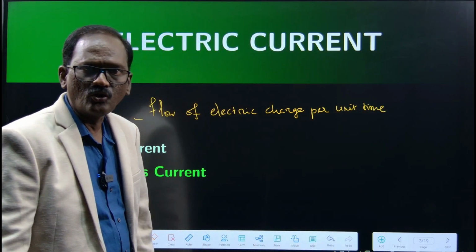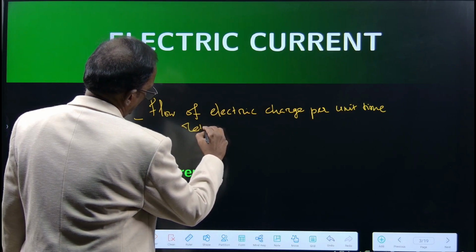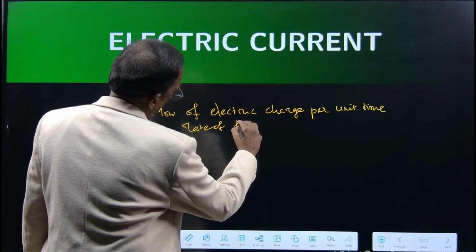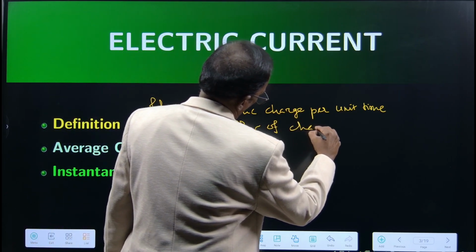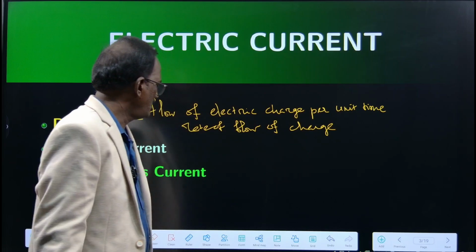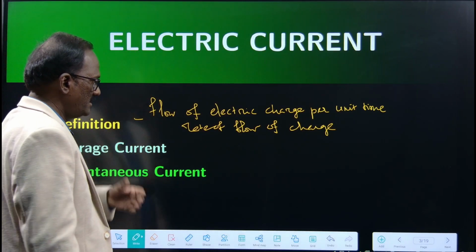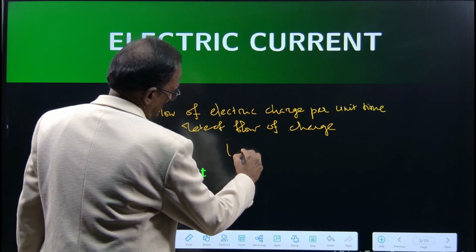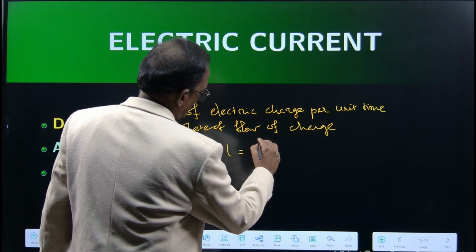So the definition is flow of electric charge per unit time, or simply we can write it as rate of flow of electric charge. The symbol is denoted by the letter I. Mathematically I can write Q by T.